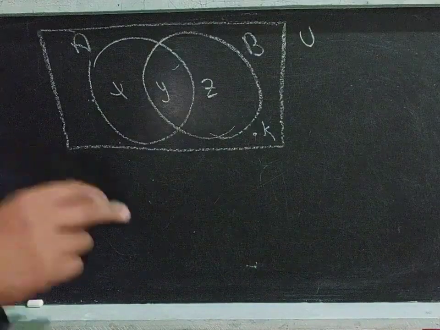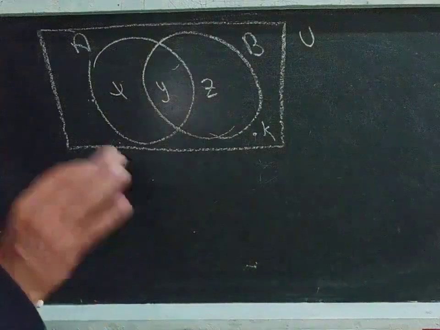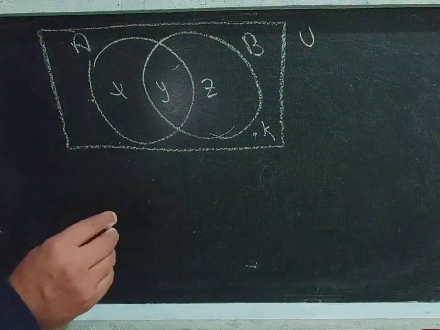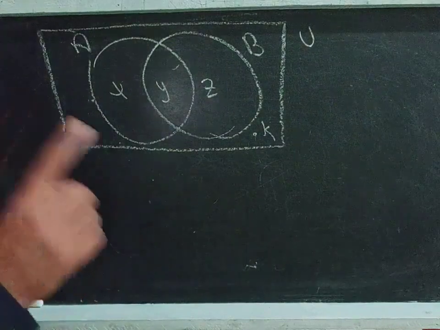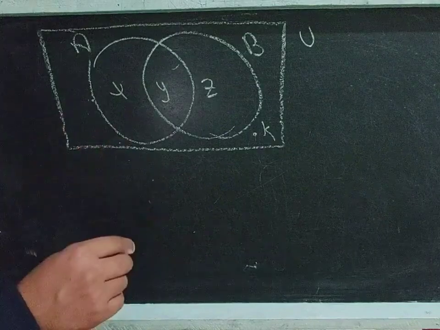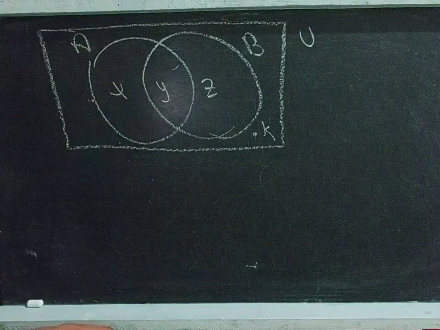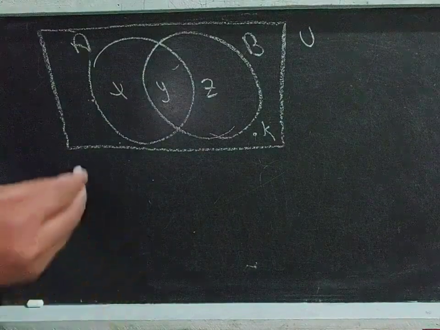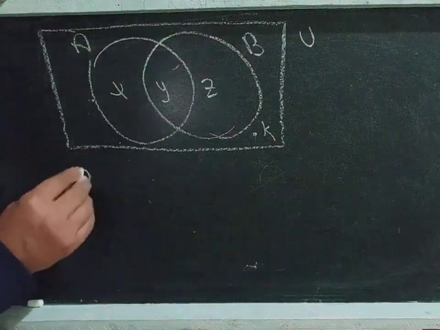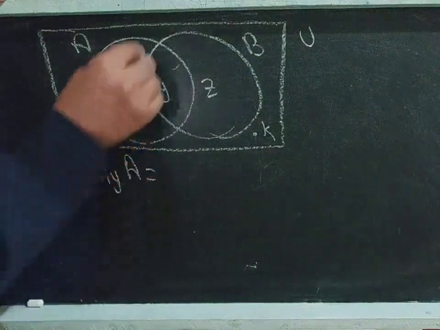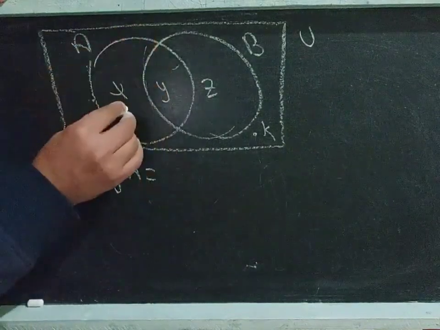So I want to show you the last thing for this lesson. This is going to be very important because we are going to use this information when we solve problems by Venn diagram. So only A, remember I told you this side is going to be x.